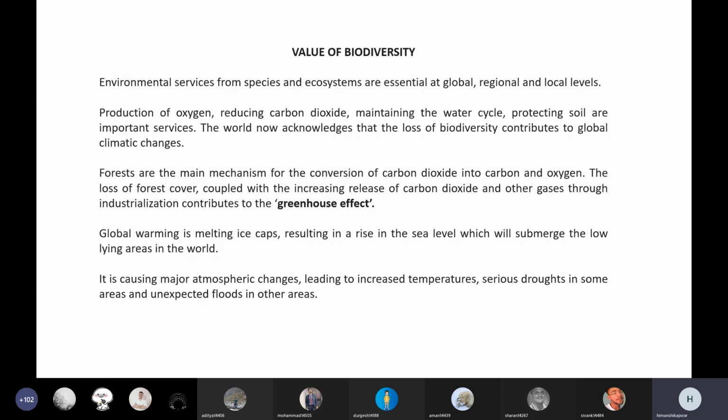And collectively, biodiversity is sustaining the ecosystem. Green plants are producing oxygen, reducing carbon dioxide, helping to maintain the biogeochemical cycles, and protecting soil. Each and everything is taken care of in the ecosystem, and this is being done in close collaboration with biodiversity.